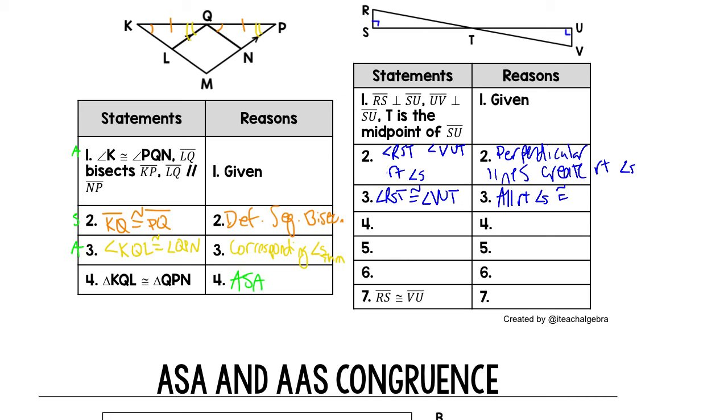What else can we know? Ooh, now we can know that RTS, gotta find a vertical angle, and that's angle VTU is congruent to angle VTU because it's the vertical angles theorem.